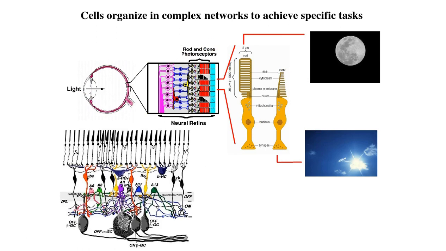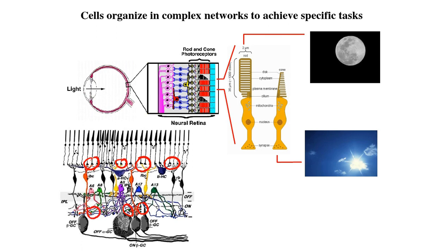So once the information leads to a hyperpolarization of the cell, the next stage is to see how this information is transmitted at the level of synapses, which are highlighted here. There are different types of synapses all over the place.